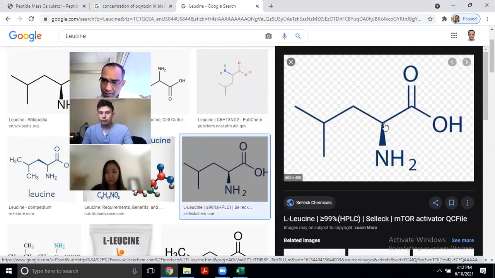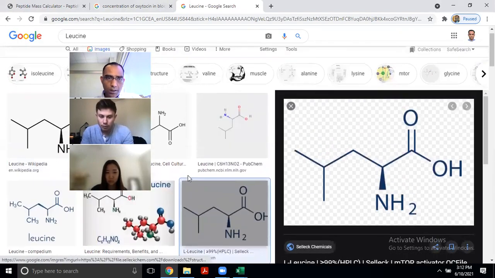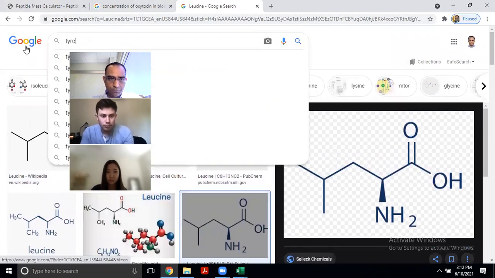And what is this carbon called? Alpha carbon. This type of amino acid is called a standard amino acid, right? And what is its name? Leucine. And let's say if I ask here, tyrosine.